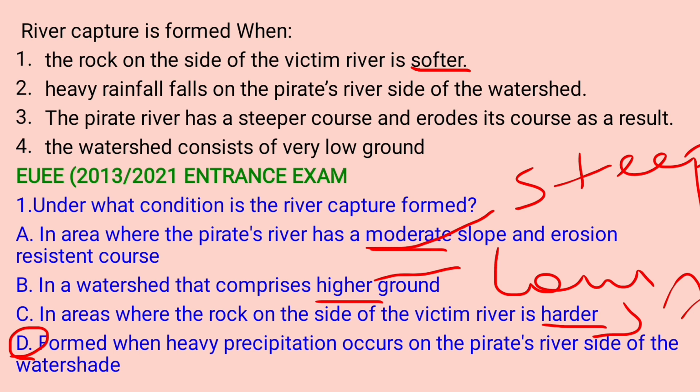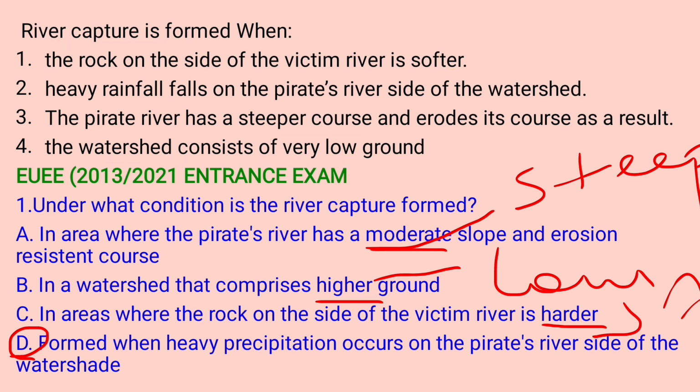The pirate river has a steeper course and erodes consequently. During this, river capture is formed. 4th, river capture is formed when the watershed consists of very low grounds. Good.